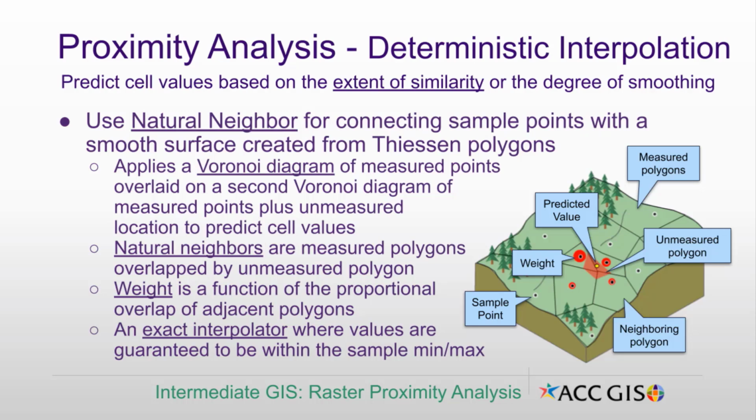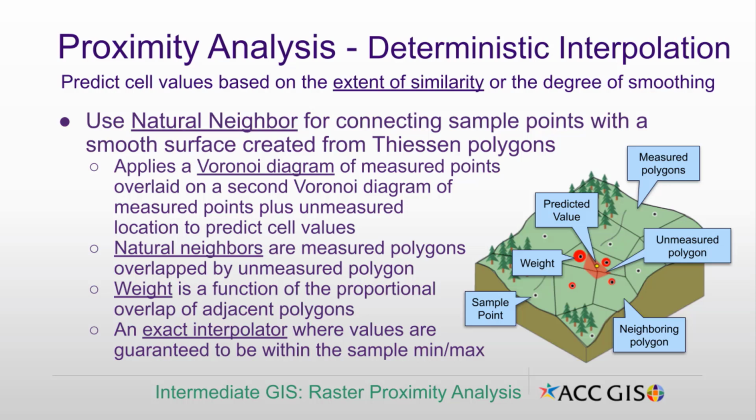Another deterministic interpolator that predicts cell values based on the extent of similarity is natural neighbor. I use natural neighbor geoprocessing for connecting sample points with a smooth surface created from Thiessen polygons. The geoprocess applies a Voronoi diagram, which are Thiessen polygons, generated from measured points overlaid on a second Voronoi diagram of measured points plus the unmeasured location to predict cell values.